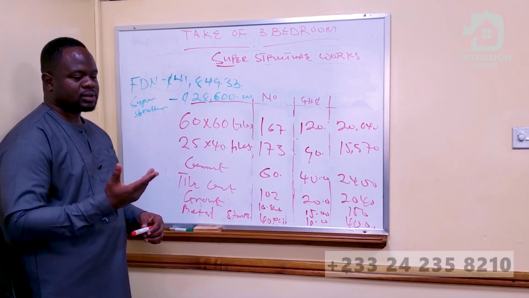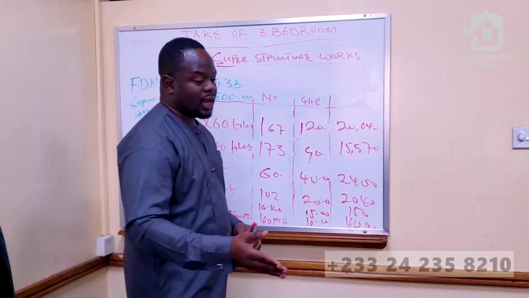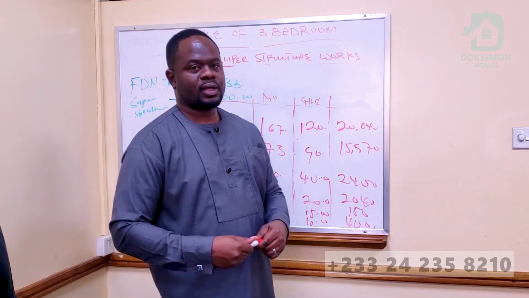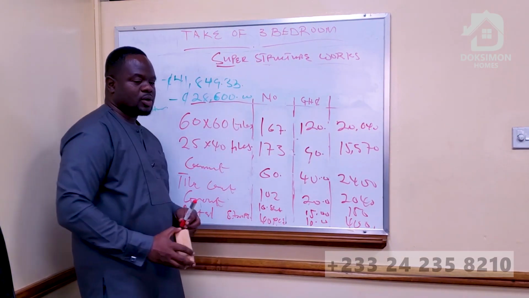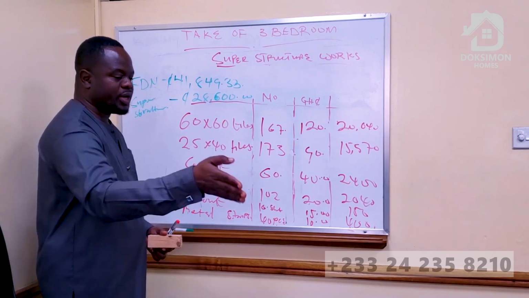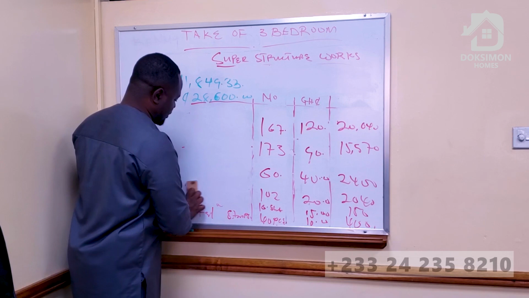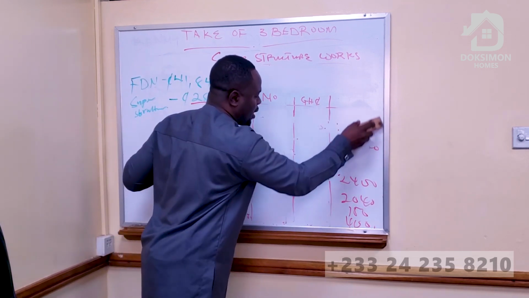I think it's okay. Sometimes it's even way beyond that amount, entering into thousands of Ghana cedis. So this is even just the standard ones we have been able to capture within this nice edifice of the 3-bedroom apartment.